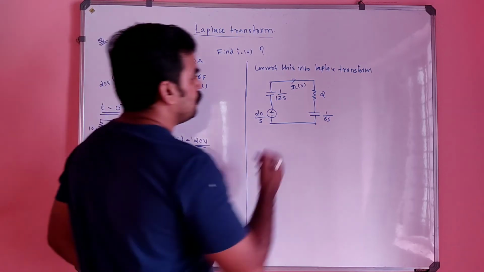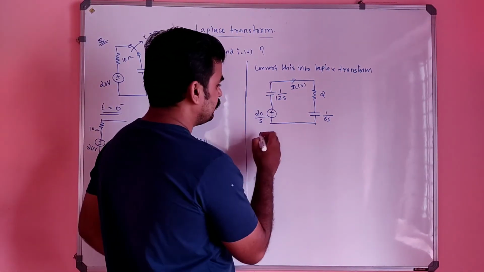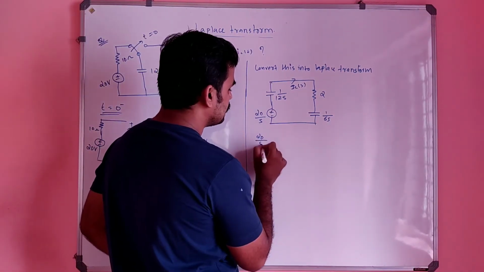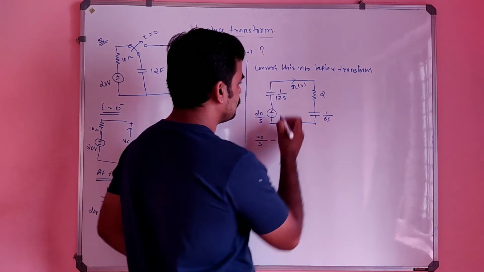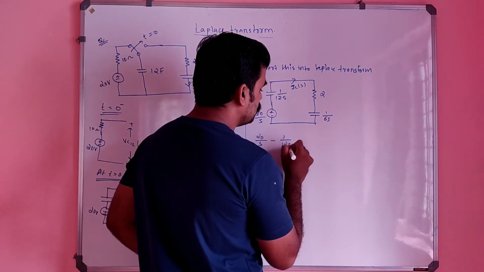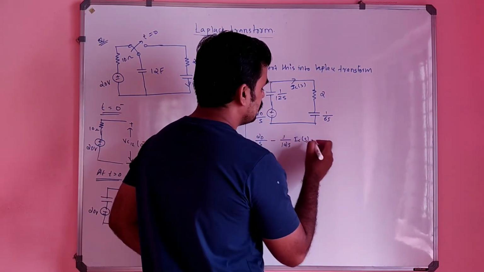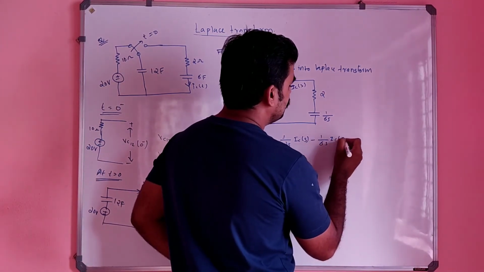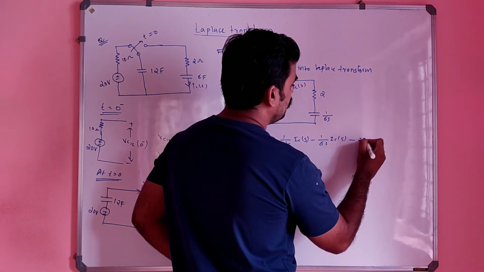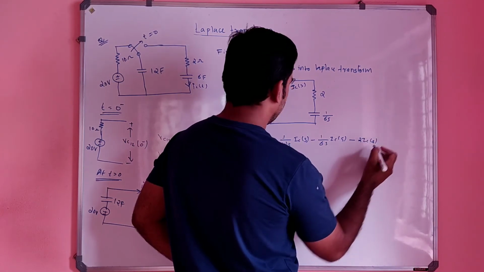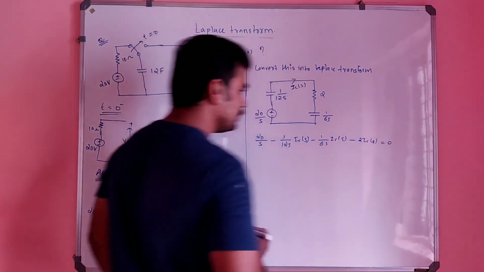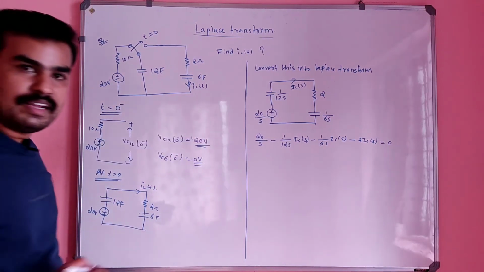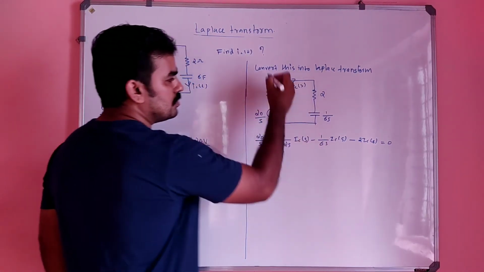Okay. So can you write the KVL equation here? 20 by s minus 1 by 12s into IC of s minus 1 by 6s into IC of s minus 2 into IC of s equal to what? 0, right? Simply apply KVL in this loop.